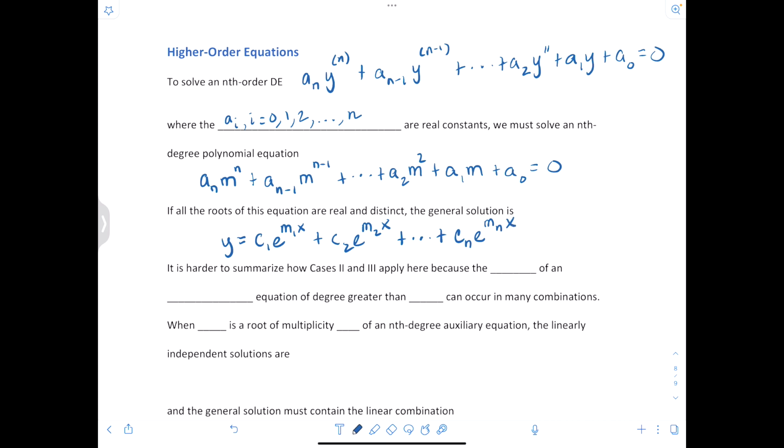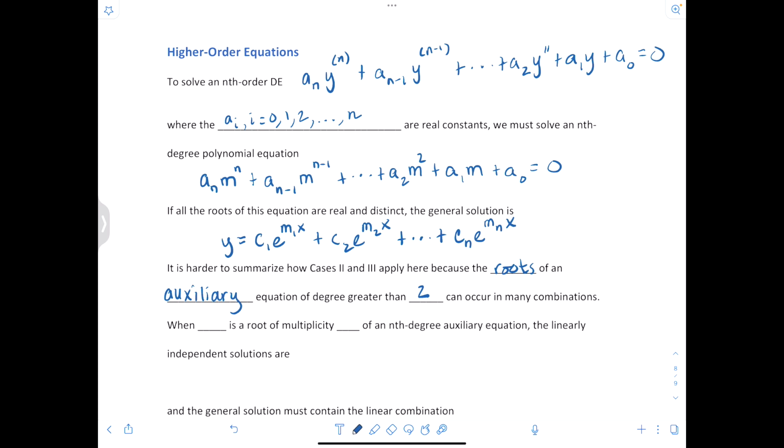Now, it's harder to summarize how cases 2 and 3 apply here, because the roots of an auxiliary equation of degree greater than 2 can occur in many combinations.